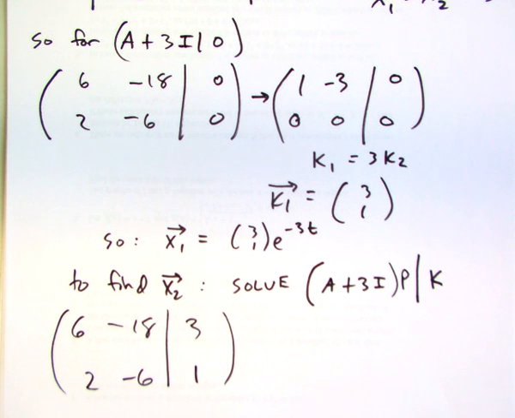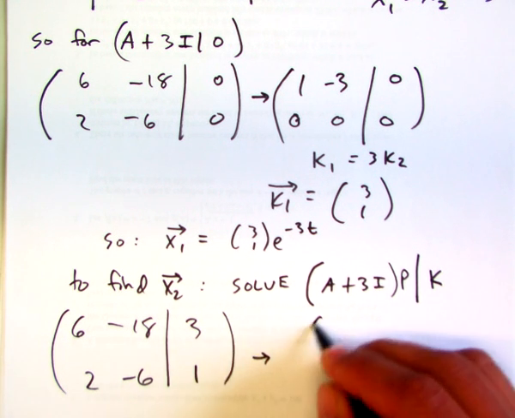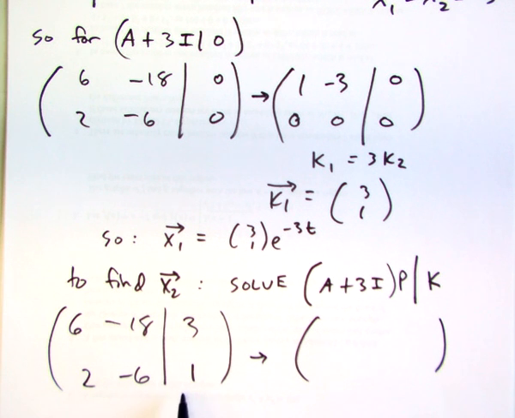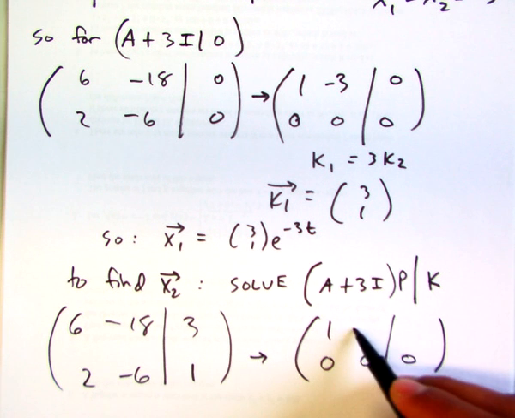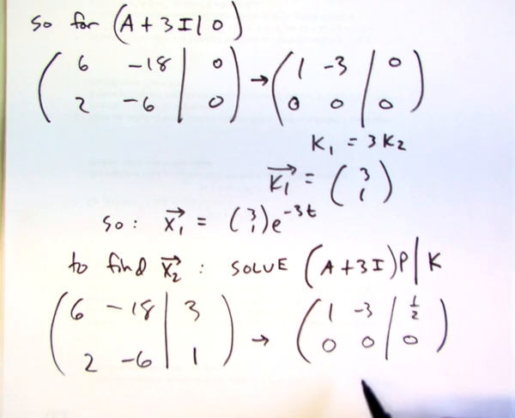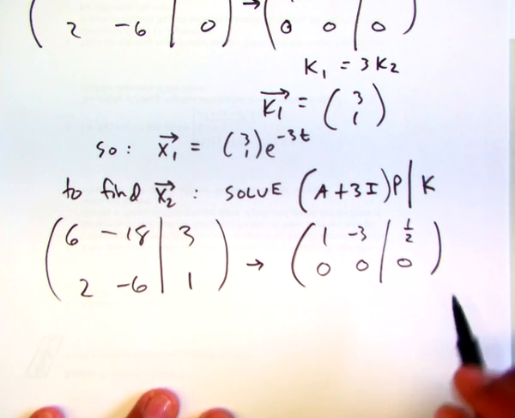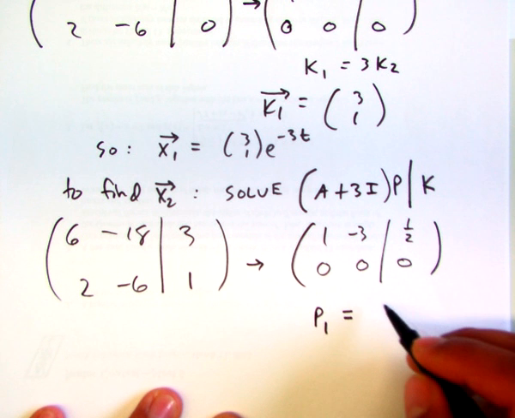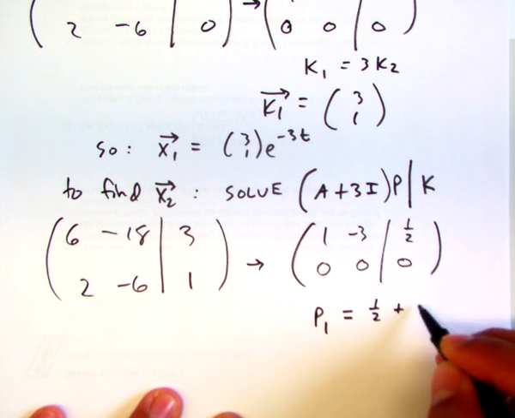Which, again, notice that the bottom row is a third of the first row, so that'll easily cancel out. Multiplying by a third, we get 1, negative 3, and now we have this half instead of 0 from before. So here we obtain that P1 is going to be exactly half plus 3 times P2.